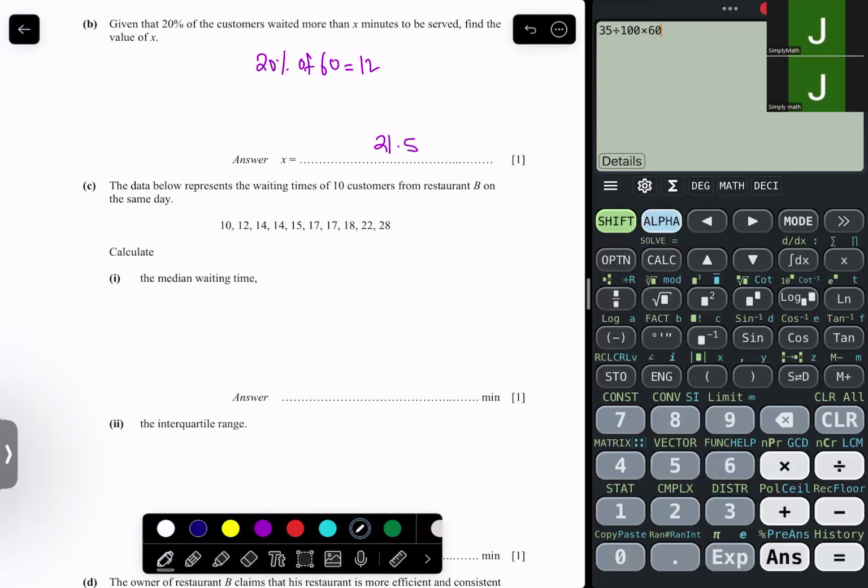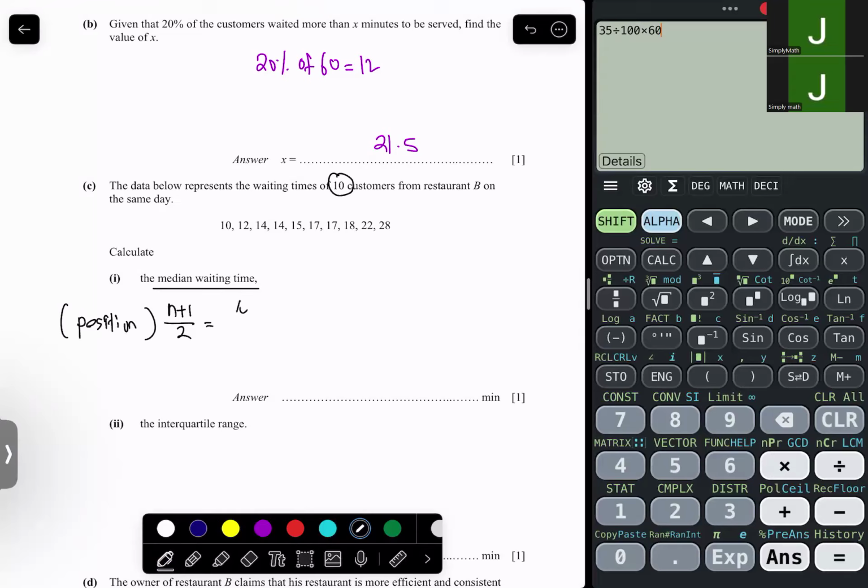Okay, to find the median waiting time, we are looking for the middle value. However, there are 10 customers, so we have to do an additional step. Firstly, n plus 1 divided by 2 to find the position.